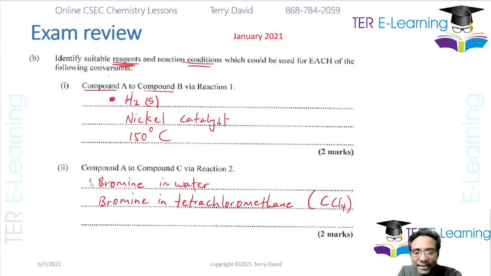So either you say bromine in water, which is the easiest one to use, or bromine in tetrachloromethane. The bromine we're talking about here is Br2, guys. And this particular reaction, you don't require UV light.